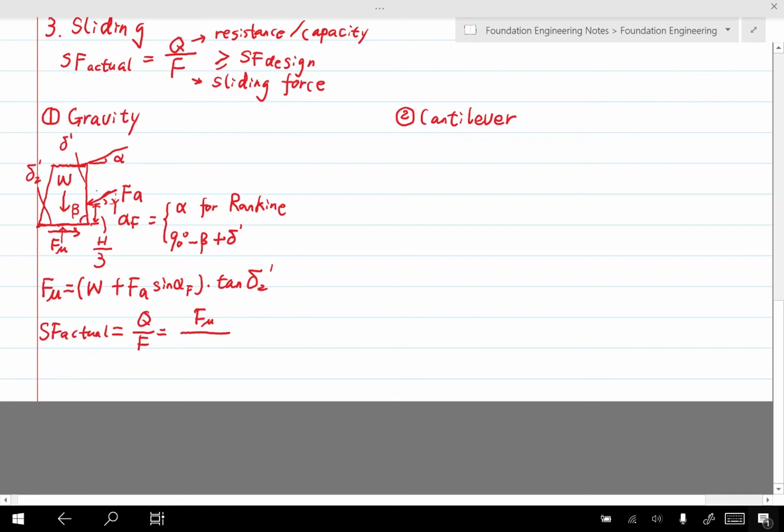So in this case, that's the horizontal component of Fa. That's Fa times cosine alpha F. Then we substitute the equation for F mu into this equation. We will get the final equation for calculating the actual safety factor.